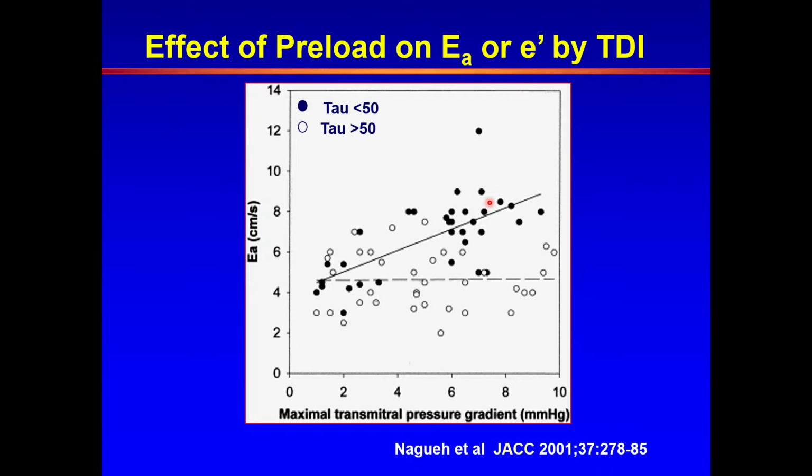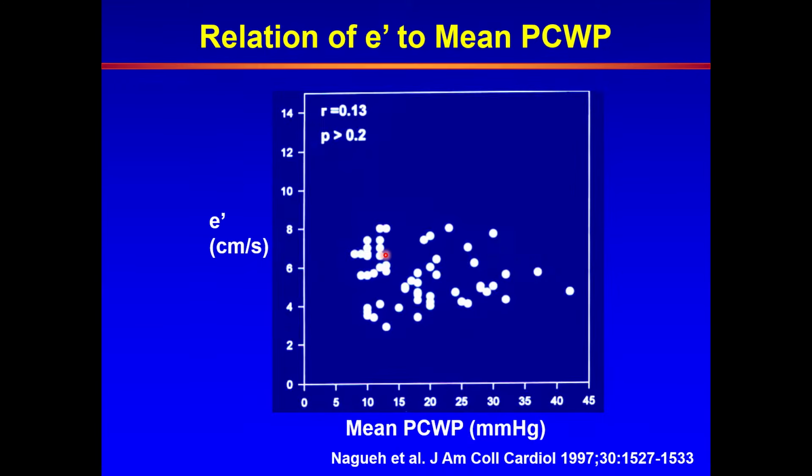So that annular velocity goes up as the transmitral pressure gradient goes up. But if you go to the stages where relaxation is impaired, you see that interrupted line and the open circles showing no relation with the left atrial pressure. You may ask why this different behavior depending on whether there is disease or not. We'll come back to that in a short while.